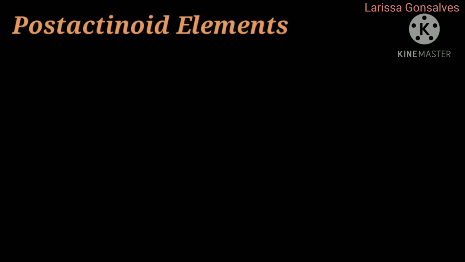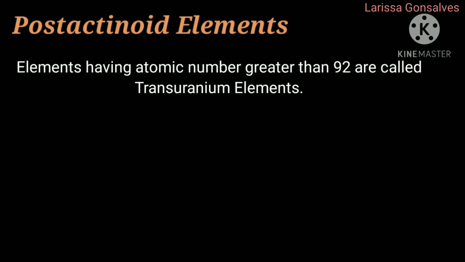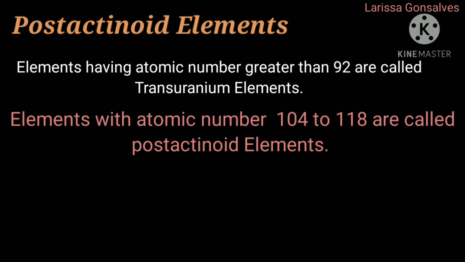The last topic of this chapter is postactinoid elements. The elements having atomic number greater than 92 are called transuranium elements. Elements with atomic number 93 to 103 are included in the actinoid series, while the elements with atomic number 104 to 118 are called the postactinoid elements.